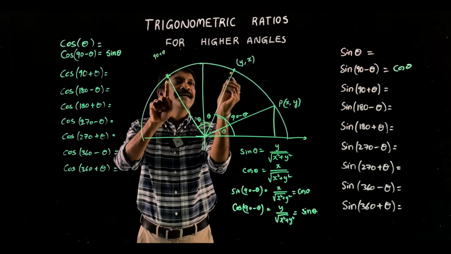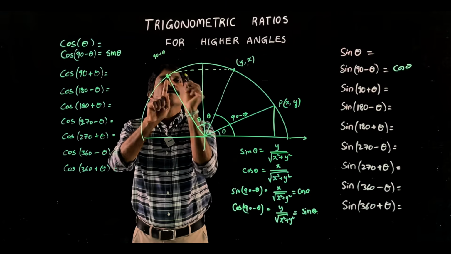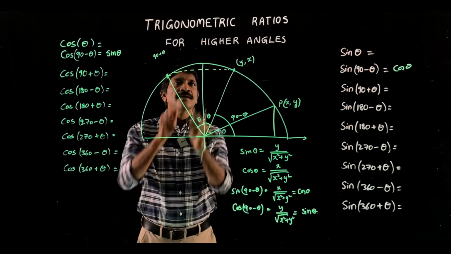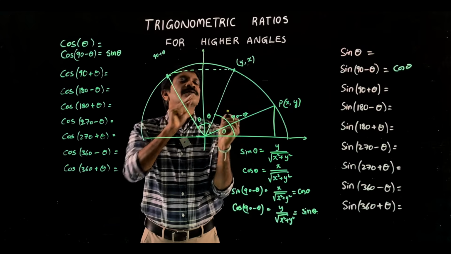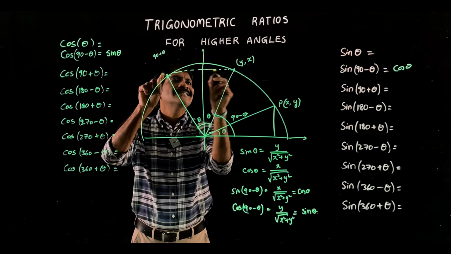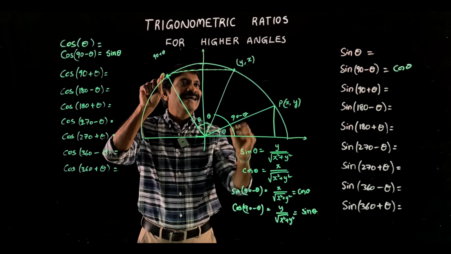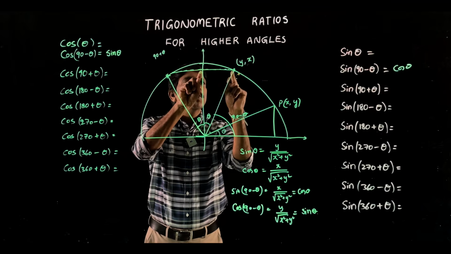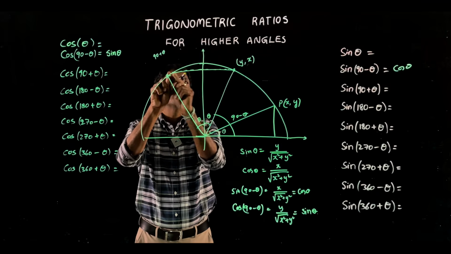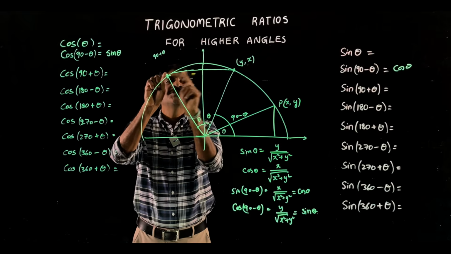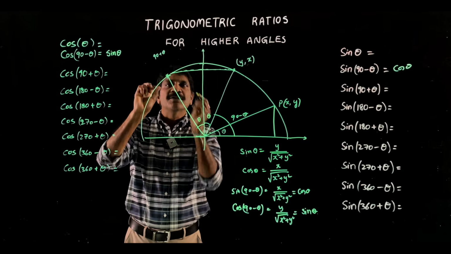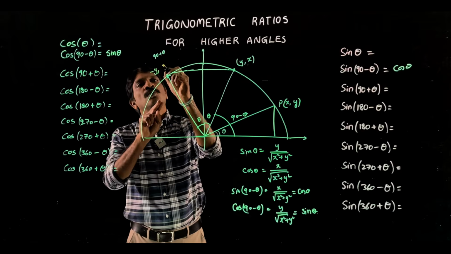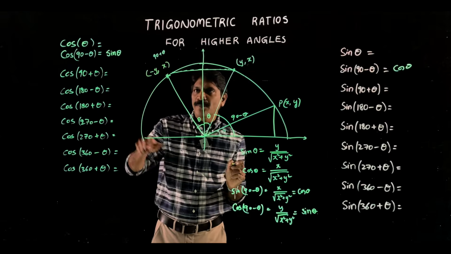Here the coordinates are, if you take the image of this point on the circle with respect to the y axis, this distance is the same as this distance and the height is the same. This distance is y here and this height is x here. So this distance is the same as this distance. Since this is y, here also this distance is y, but in the negative direction. So this becomes minus y. The height is the same, height is positive only. So x.